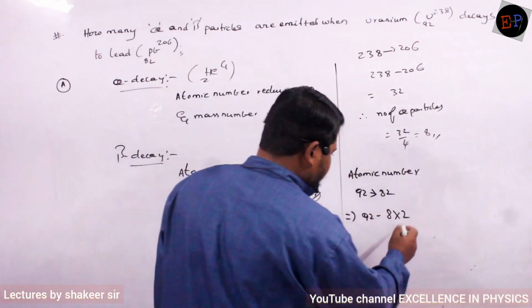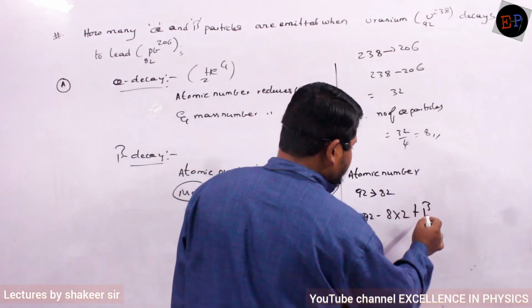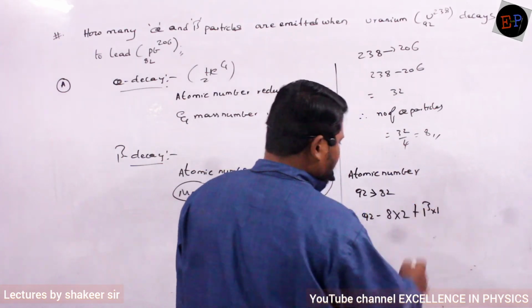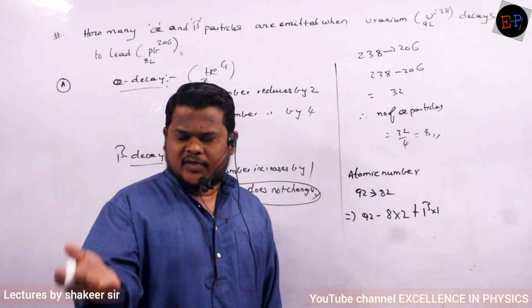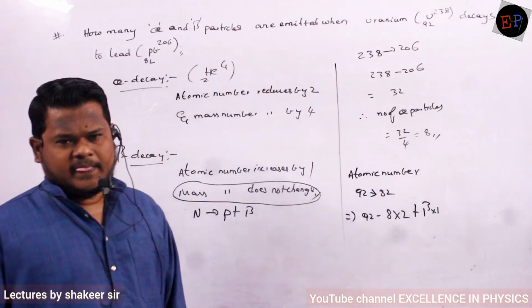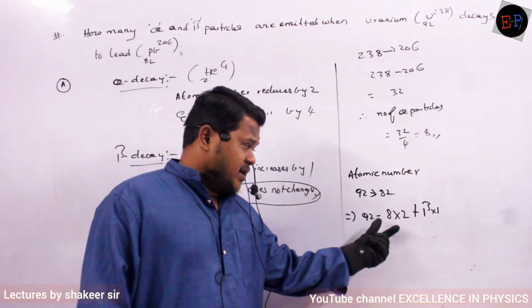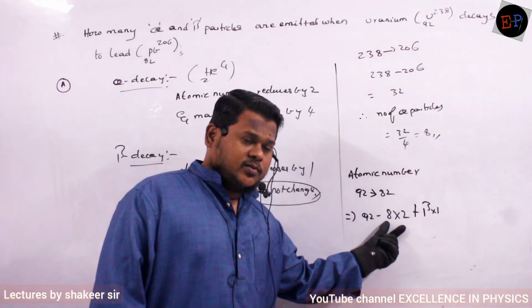And how many beta particles are released? I don't know. Let it be B. And with each beta particle, one proton number will increase, no? If one beta particle is released, what happens to atomic number? Increases. So can I write plus B into 1? Minus 8 into 2, but plus B into 1. Why minus 8 into 2?